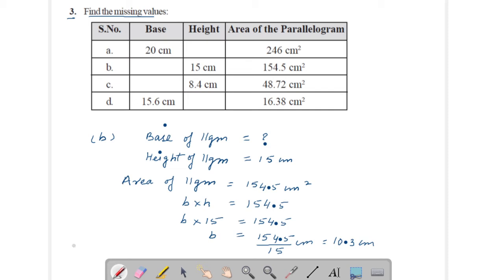Therefore, base of parallelogram it is equivalent to 10.3 centimeter. This is your answer.